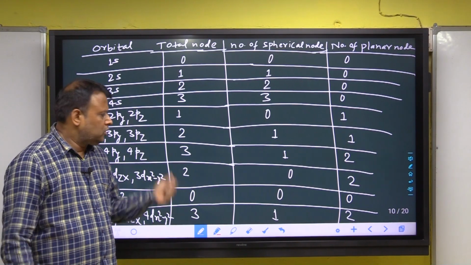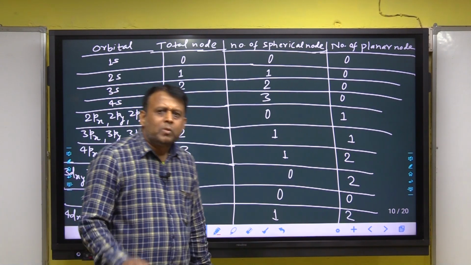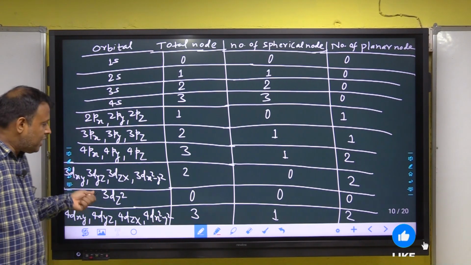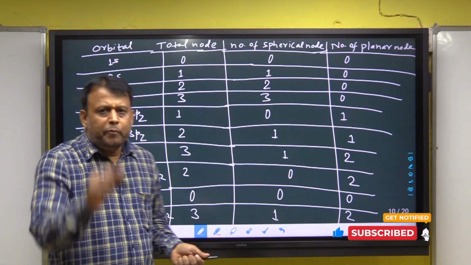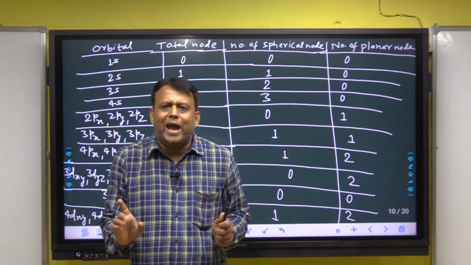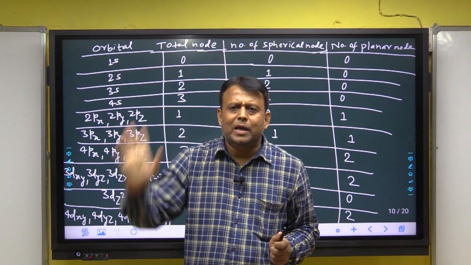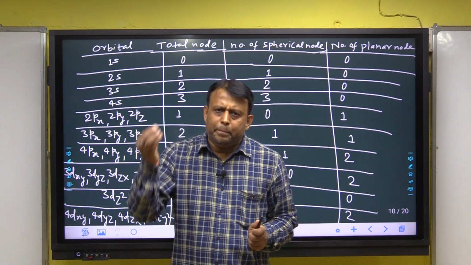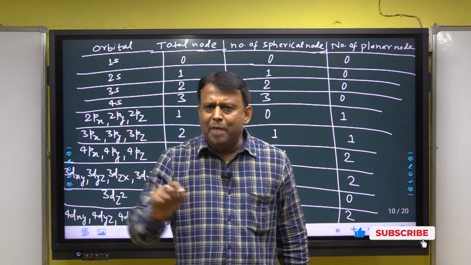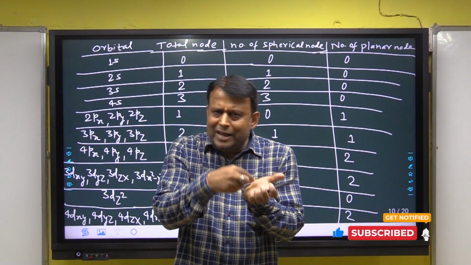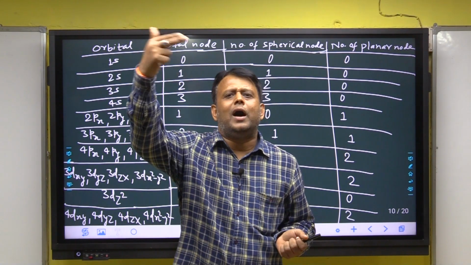For 3d, total node n minus 1, that is 3 minus 1, which is 2, and both are planar because 3d has 0 radial nodes. In the case of 3dz square, the formula is not applicable because dz square has 0 planar nodes. For 5dz square, 5 minus 1 is 4 total nodes, radial plus planar, but planar of dz square is 0, and hence for 5dz square, the total node will be 2 and both are radial.